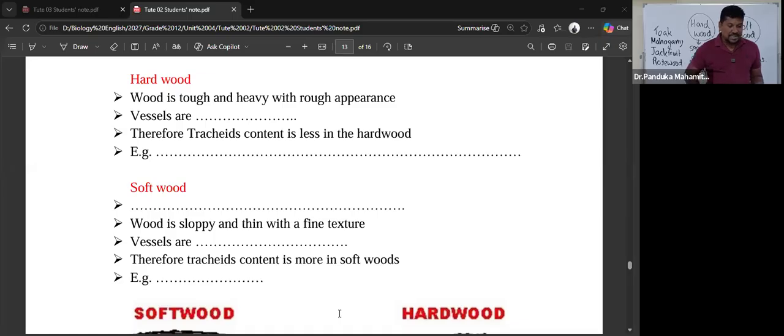What do you think about the vessels? Vessels are absent, right? In gymnosperms, you don't have the vessels. And therefore, tracheid content is more in the softwoods, right? Example, cypress.